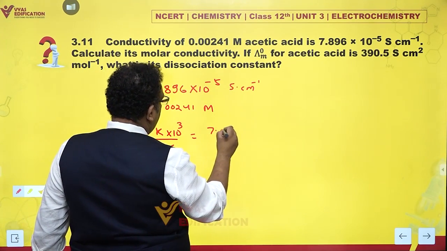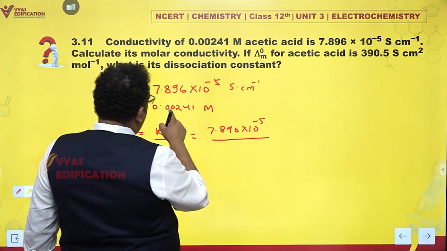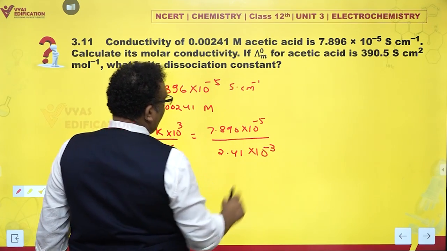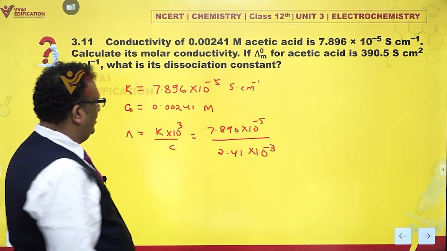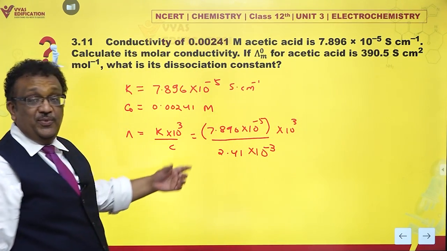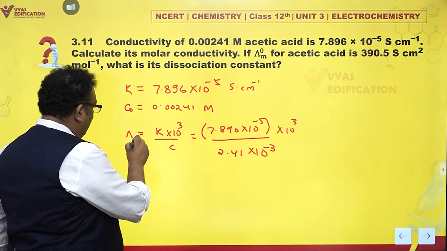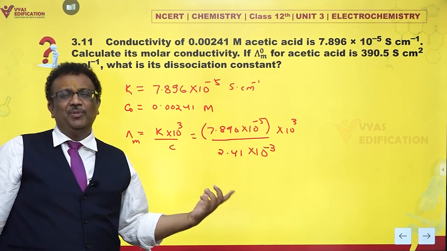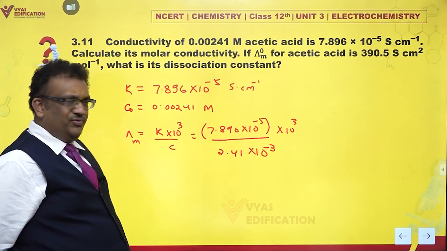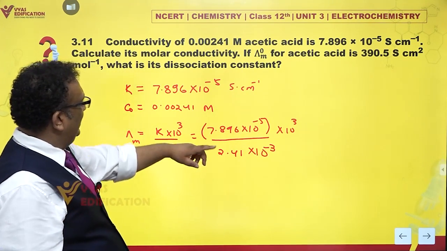This is 7.896 into 10 raised to minus 5 divided by 2.41 into 10 raised to minus 3, of course this much into 10 raised to 3. This gives me my lambda m, the molar conductivity. Can we calculate this? Of course, we can do that. Not a very pleasant calculation though, but we'll get there.